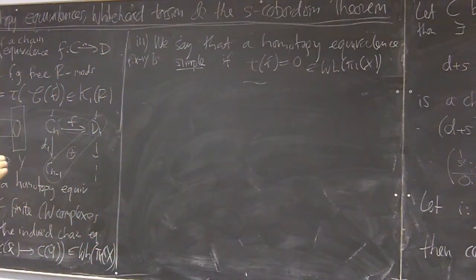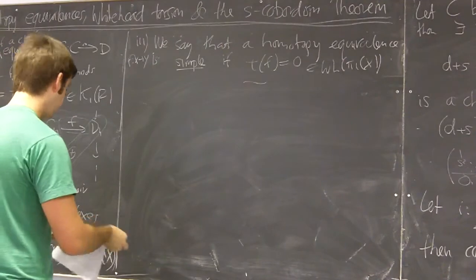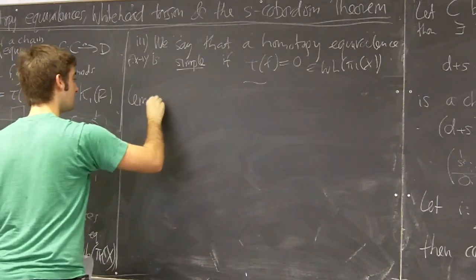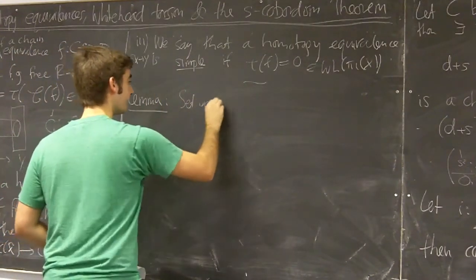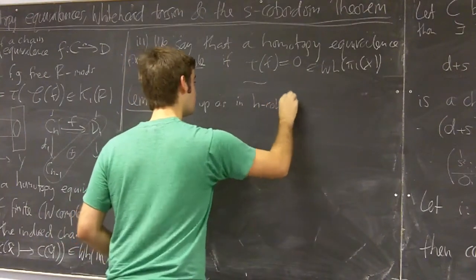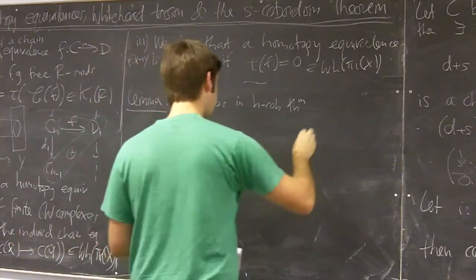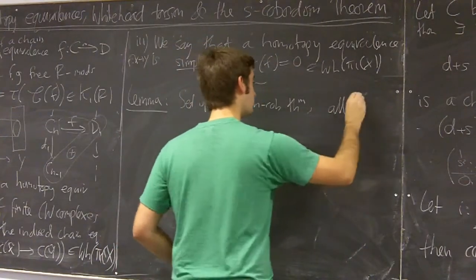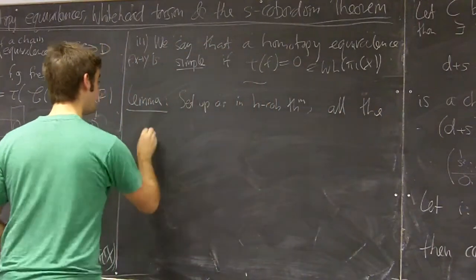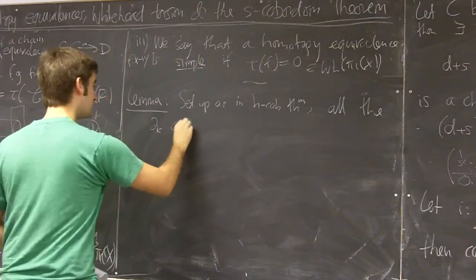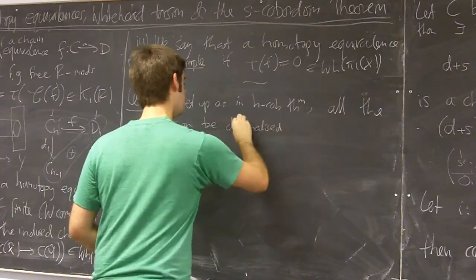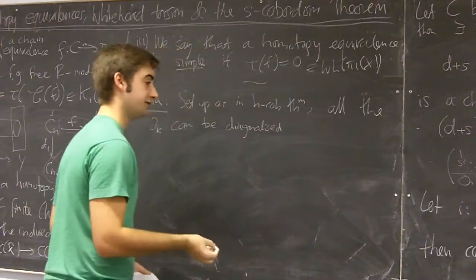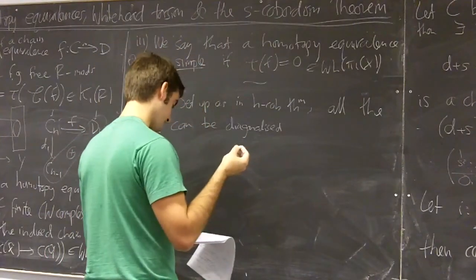Okay, so let's return to thinking about s-cobordism. So all these boundary matrices, delta k, can be diagonalized to leave plus or minus group elements down the diagonal.